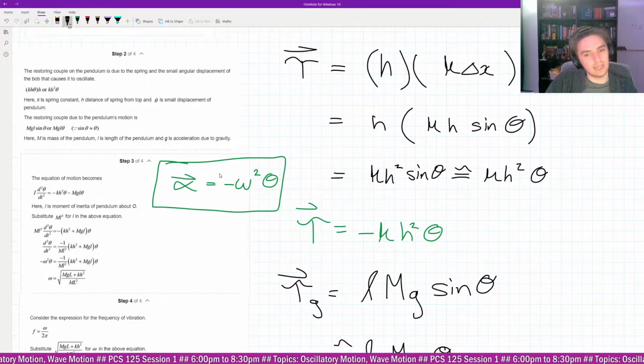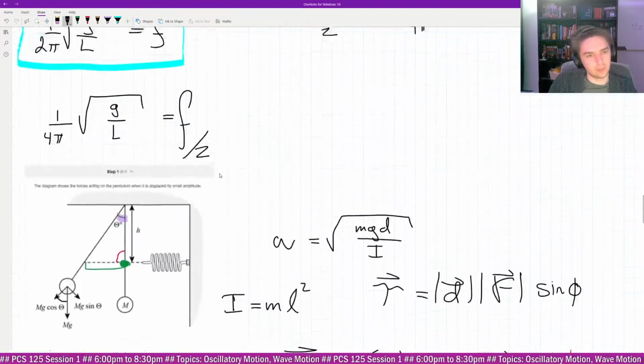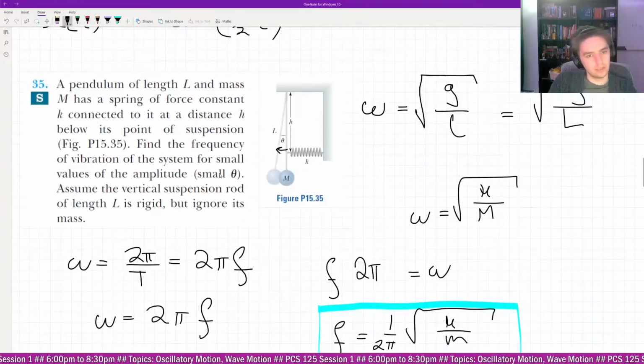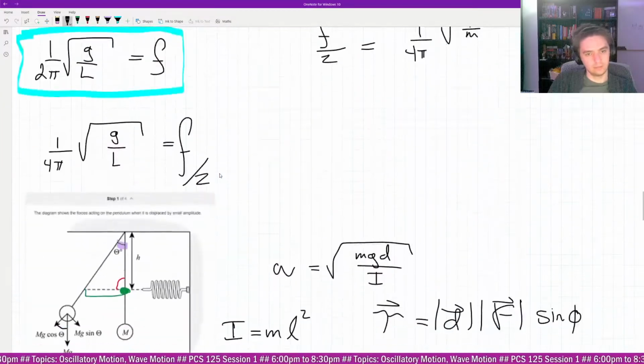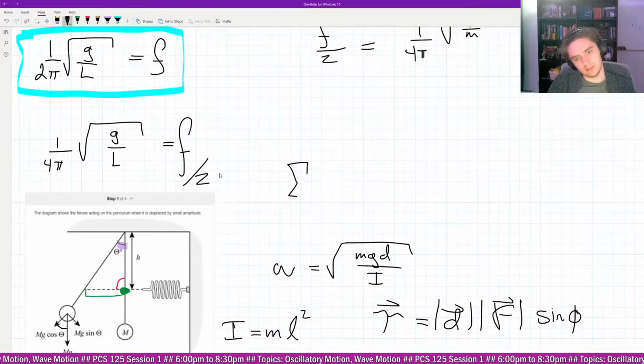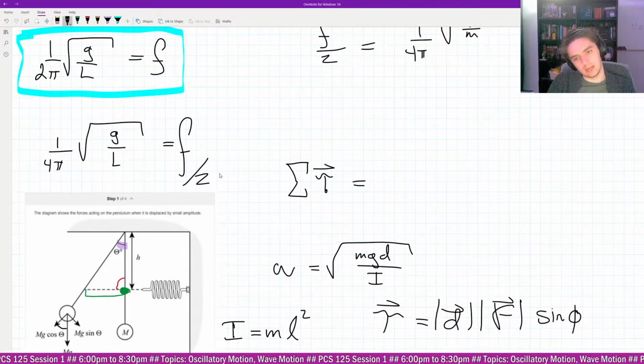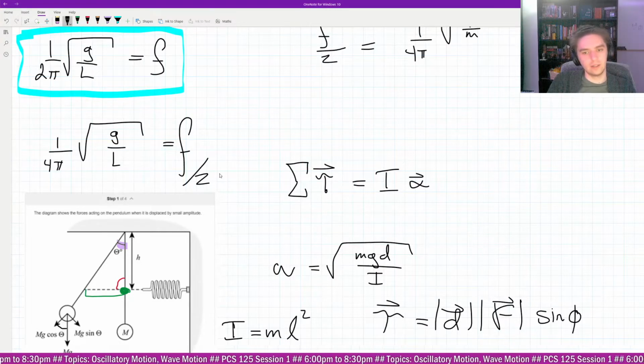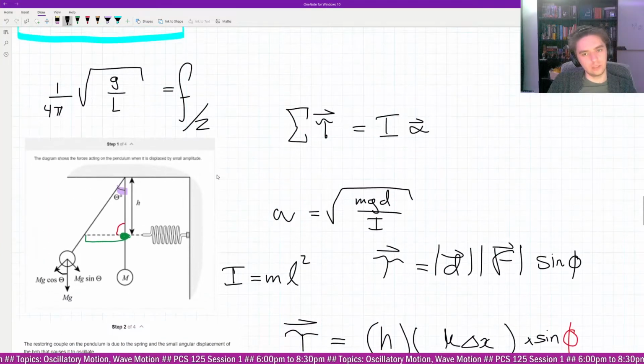So let's see if we can get the angular acceleration in terms of the things we know here, which was L, H, K, and all that stuff. We can find angular acceleration using the fact that the sum of the torques equals the moment of inertia times the angular acceleration. Okay, so let's do that.